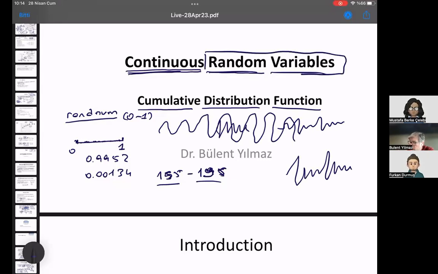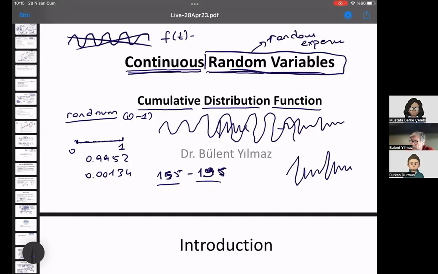Random variables should come out of random experiments, okay? So I cannot say my sine wave is a kind of random variable. No, my sine wave is not a random variable. It is already a function of t, okay? I know it, it's like sine 2 pi ft. So it is already a deterministic signal.